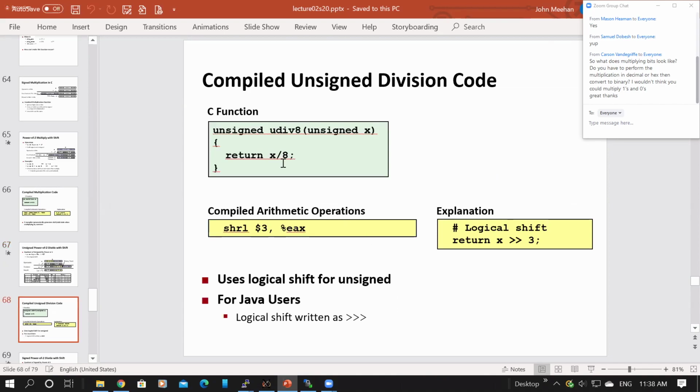So if we simulated the x over 8 with a shift right logical, because it's an unsigned variable, the logical means pump in the zeros from the left, 3 positions, that would simulate our divide by 8. But it's doing a round towards 0.